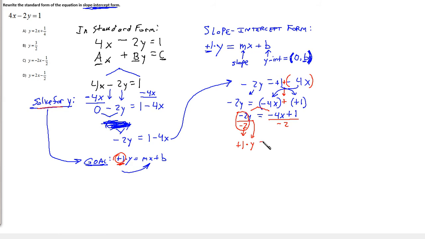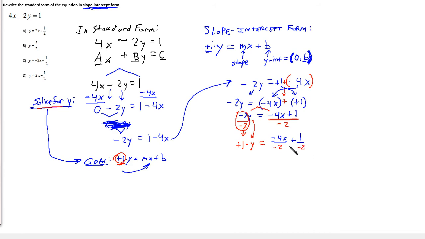So here's what ends up happening. Whenever you divide a polynomial by a monomial, negative 4x plus 1 is a polynomial, and we could treat negative 2 as a monomial, what we do is we give each of those numerator terms their own fraction bar, and we give each one their own denominator of negative 2.